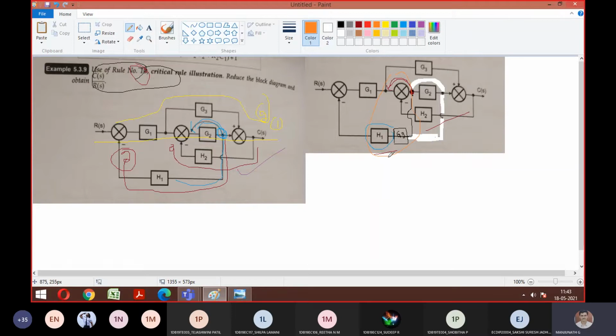So how does it look? This will remain the same. This G1 remains the same. Since these are in cascade, I can make it one block. Let me do the change here to understand. So now I will remove this.